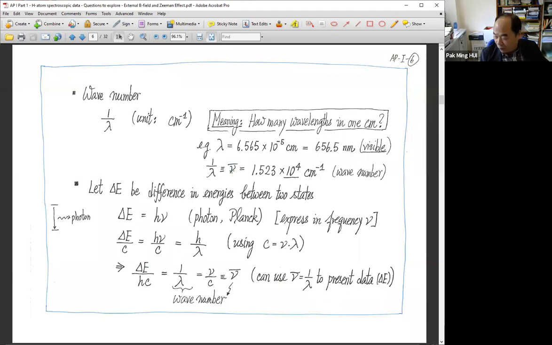Then we know that in spectral lines, there is a transition from one allowed energy of an atom to another allowed energy. Those are the solutions to the Schrödinger equation. So you have E higher, E lower, the delta E, okay? It is given out as photon energy, but this is not what the data book gives you.